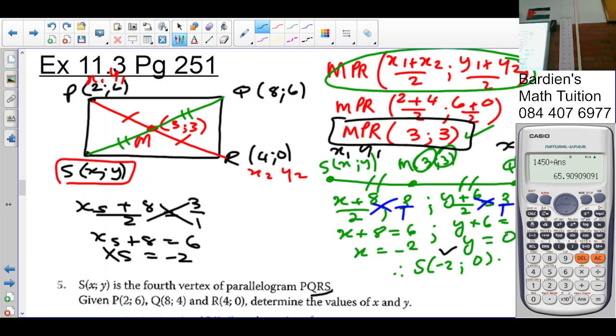And then for the other one, I said y plus 4 is equal to 3 over 1. Now I have 4. Is it Q, 8 and 6? Oh, that's my mistake. You see, it's 8 and 4, not 8 and 6.